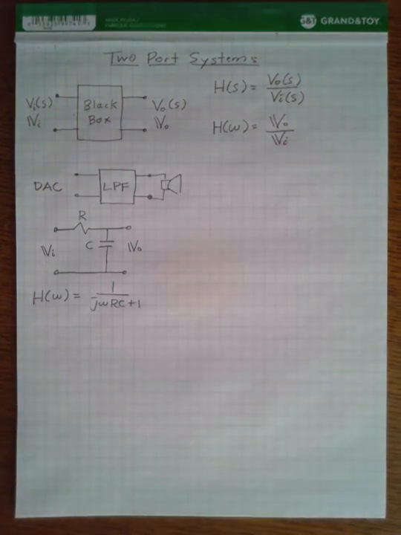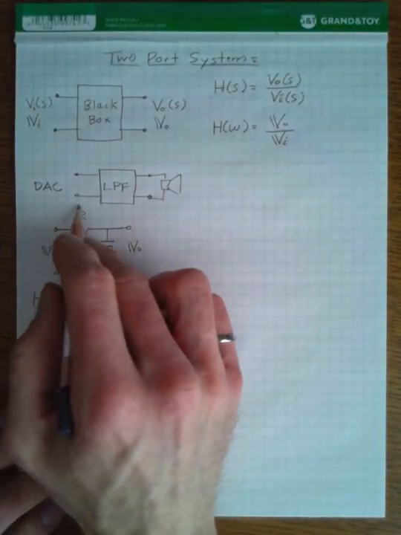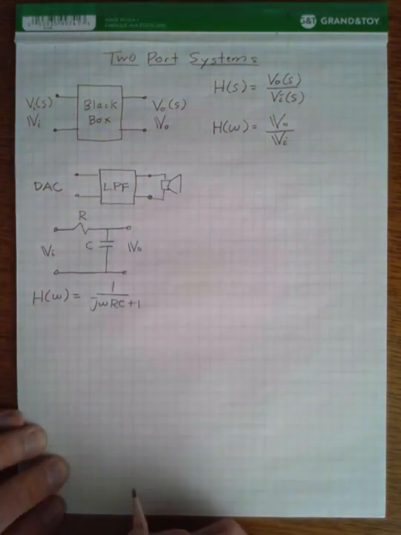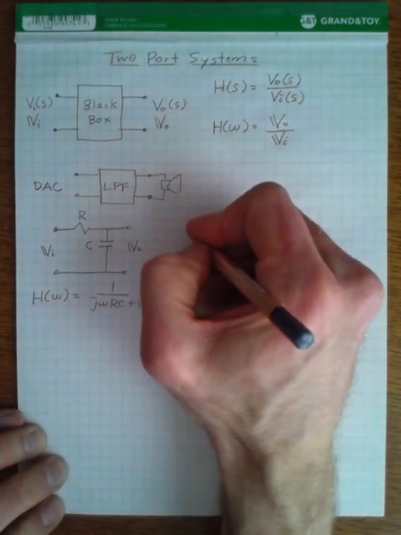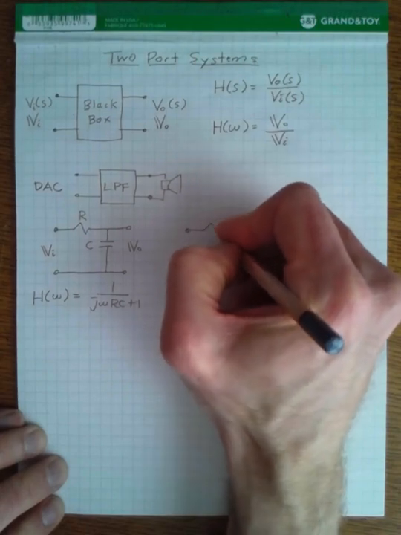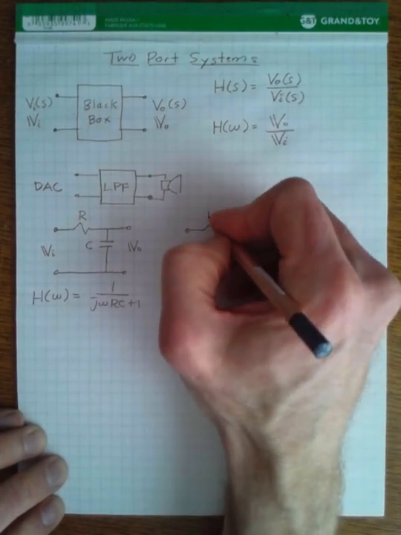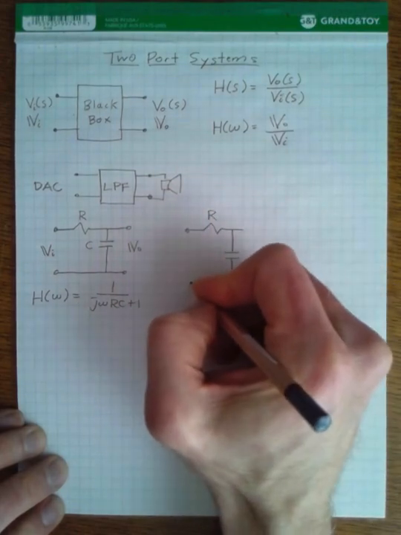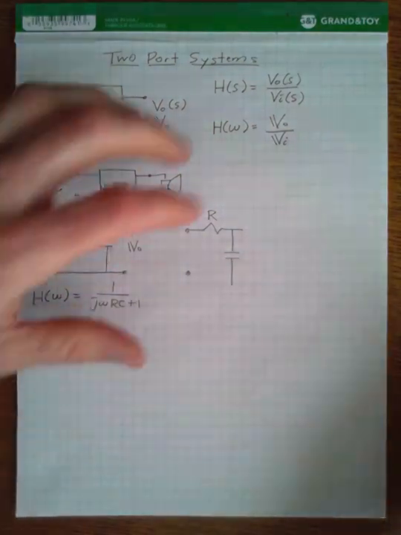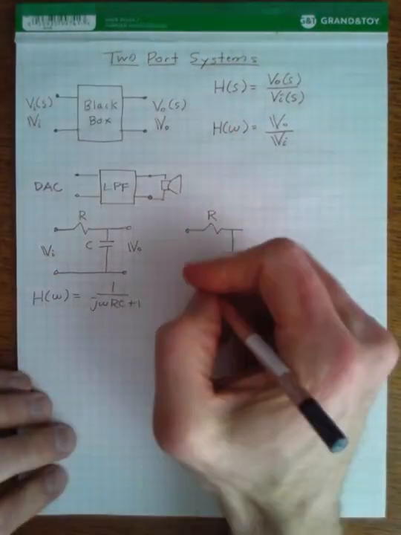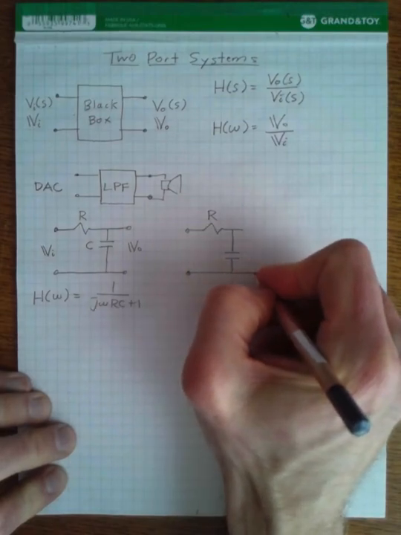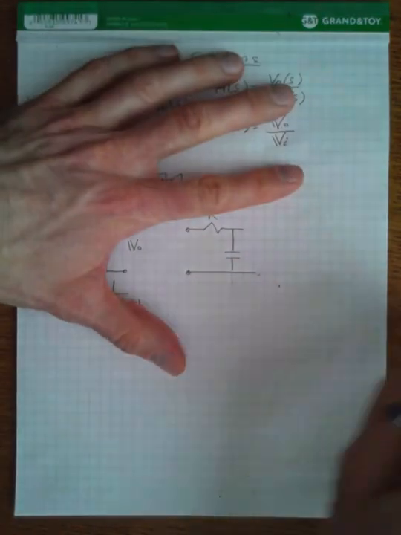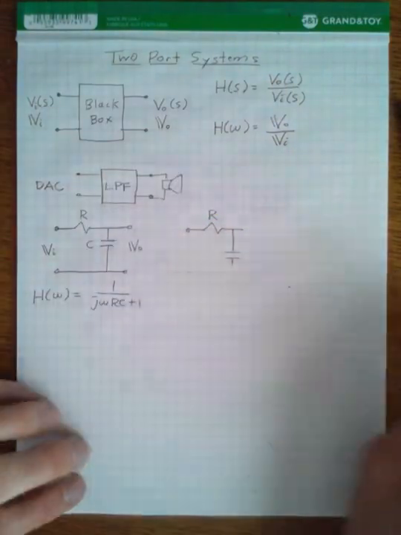But now what happens when we want to hook our circuit up to a load, like we would in the case of this speaker situation? So we would still have our low-pass filter and our capacitor. I'll make it bigger, because I'm going to do some analysis.